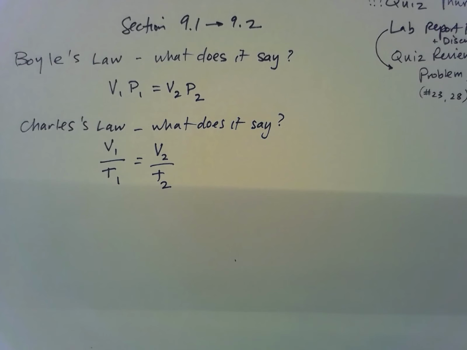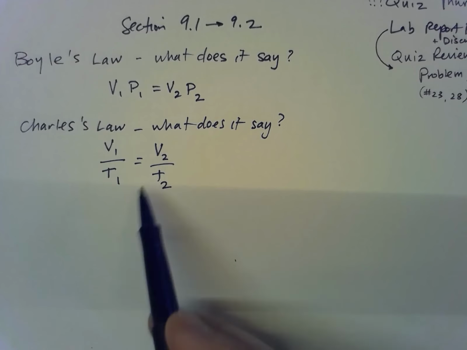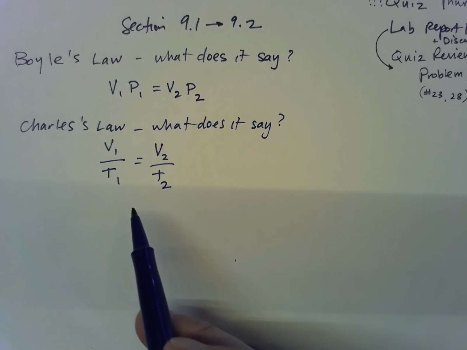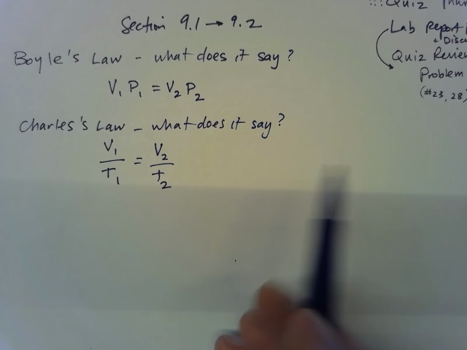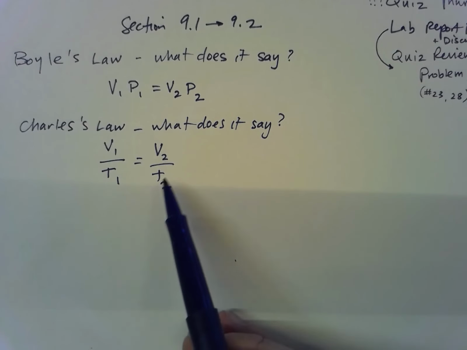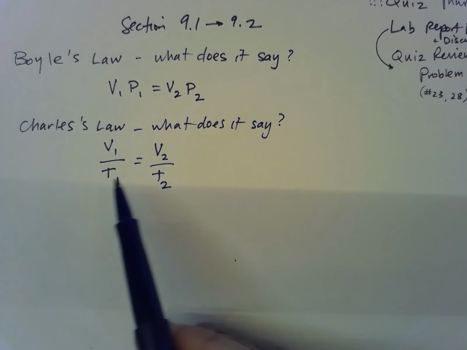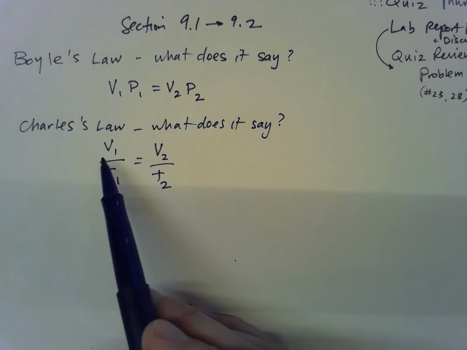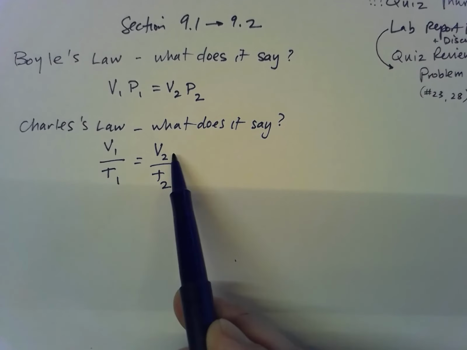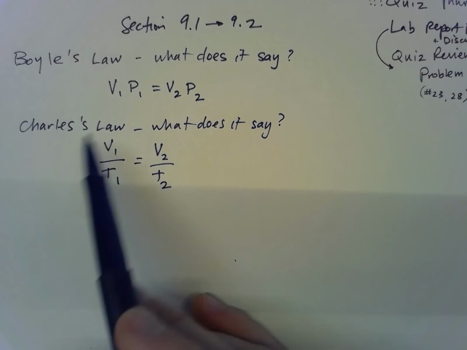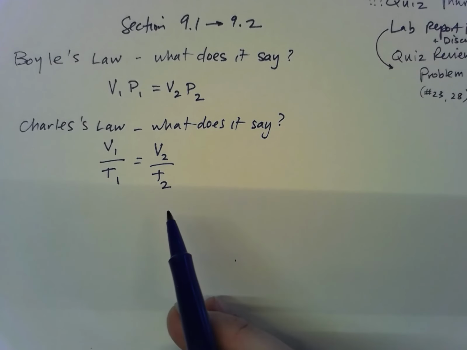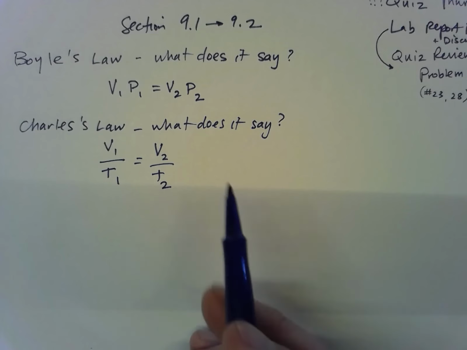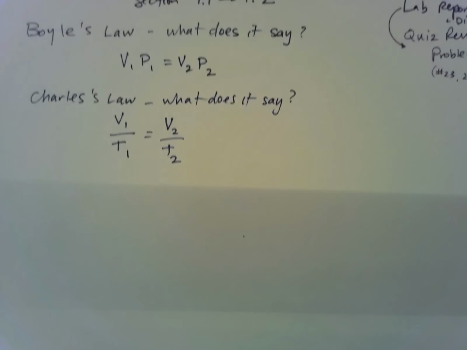So we need to know what happens when temperature goes up. You can always ask, if I increase the temperature, what will happen to the volume if pressure is held constant? You can plug in two temperatures and an original volume and see what happens to the second volume. You can always go through the math to figure out what it's saying conceptually, but you should understand that as well.